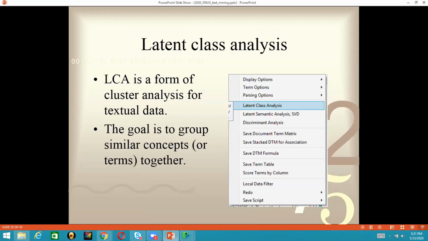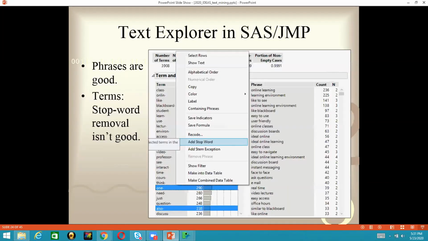LCA is a form of cluster analysis for textual data, so it cannot be used for numeric data. The goal is to group similar concepts or terms together. Here you see online learning environment, and too many terms.